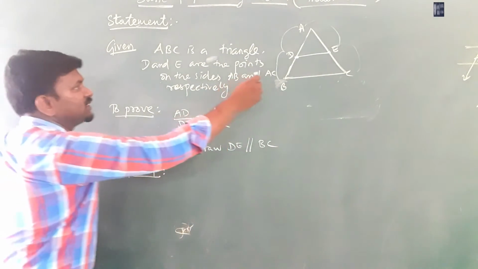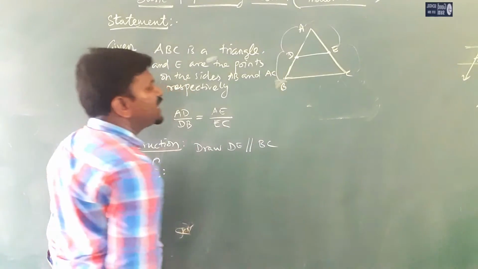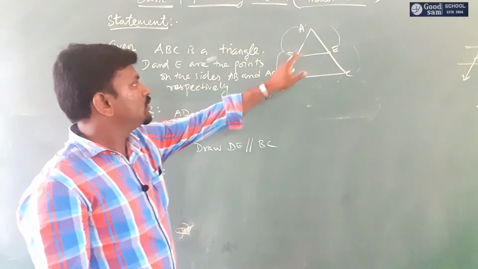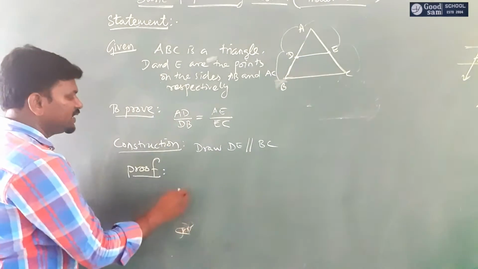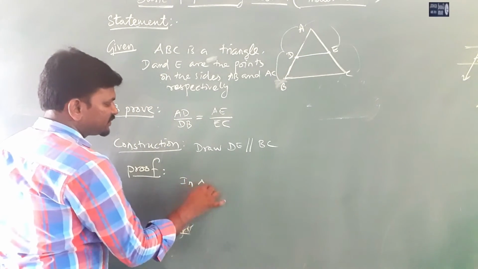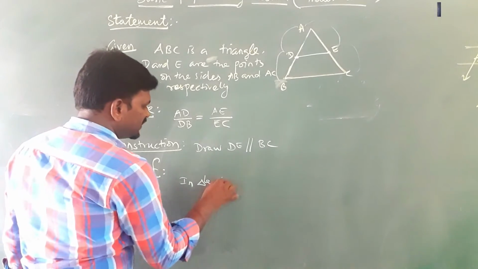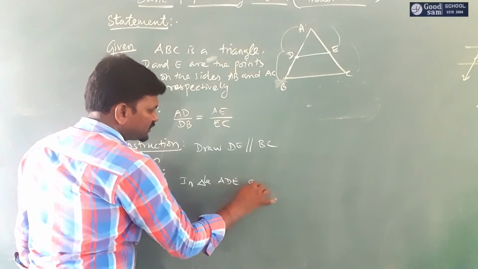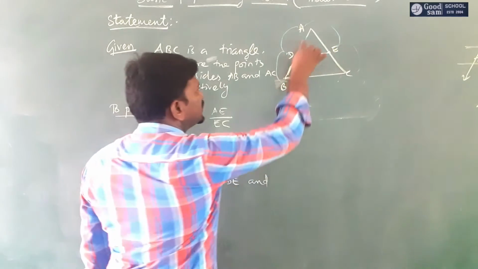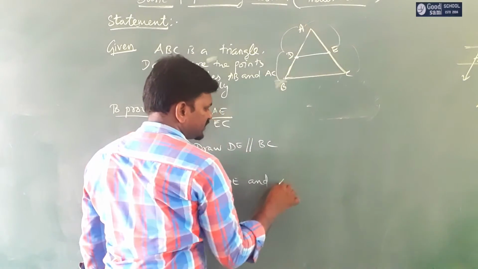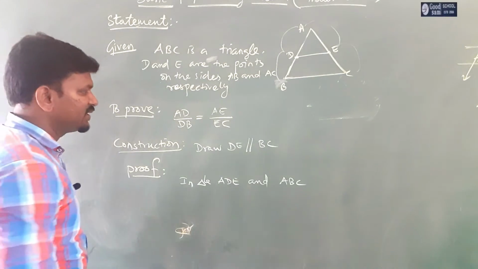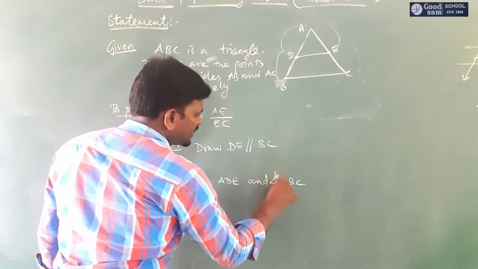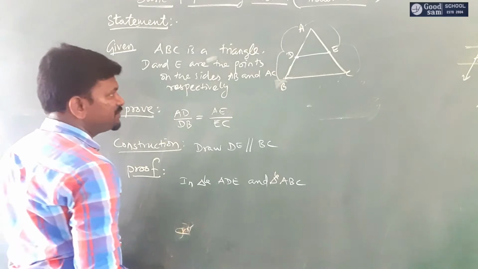Here we have two triangles. Which triangles? Triangle ADE, and triangle ABC.